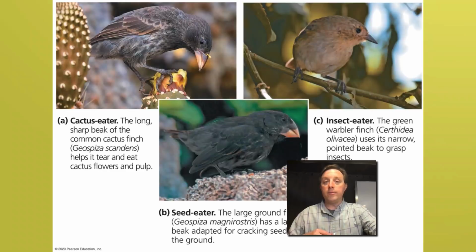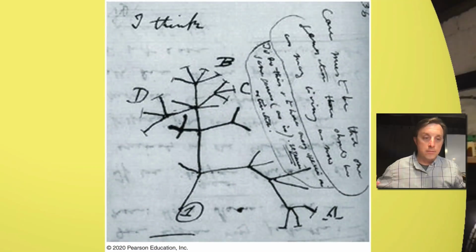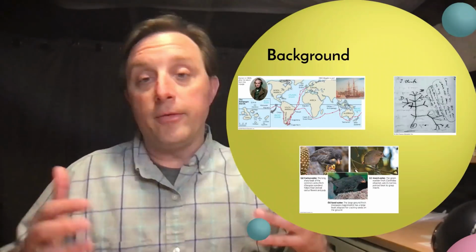One very famous drawing in his notebook is this one, with the words "I think" above it. You see one of his first ideas of this branching evolution that we are very used to seeing now.